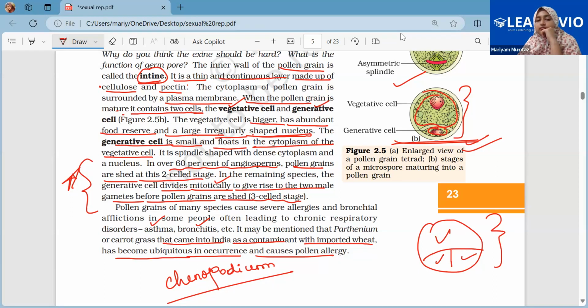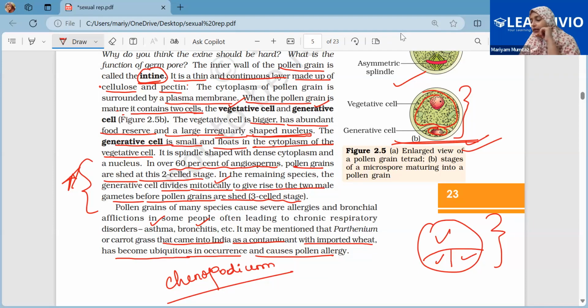Ma'am, why does it go under mitotic division? See, mitotic division is the division that will not reduce the number of chromosomes. Meiotic division reduces the number of chromosomes so that sexual reproduction can happen. But this mitosis and meiosis, have you studied about it in class 11? Yes. Right? So, mitosis was known as the equational division, and meiosis is known as the reductional division.